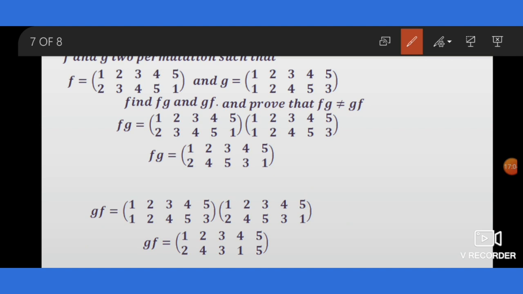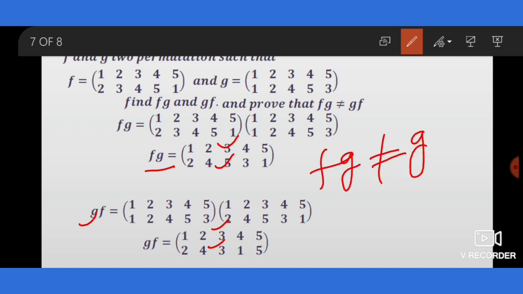The reason is that in fg, 3 is replaced by 5 while in gf, 3 is replaced by 3. So fg cannot be equal to gf.